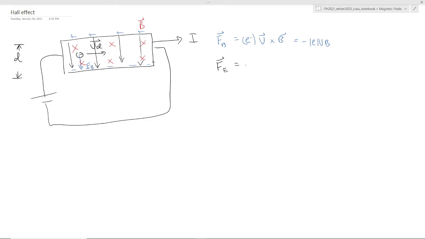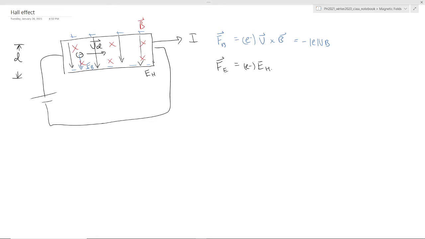Remember, that's just q times the electric field. And we're going to call that electric field the Hall field, after the effect. So this would be the electron charge times that electric field.